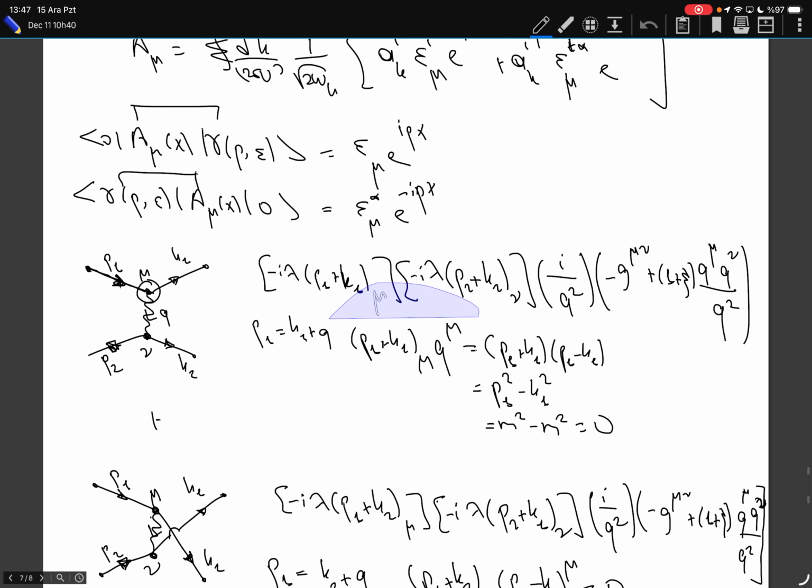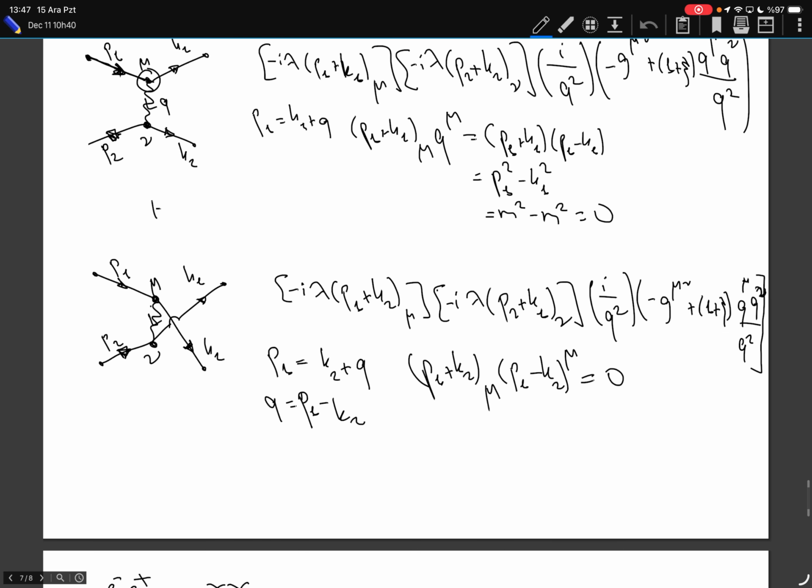So here, when we wrote the Ward identity, we just get the mass of one squared minus the mass of the other squared, but they're both the same particle, so their mass squares are the same if they are on shell. And so we get 0.